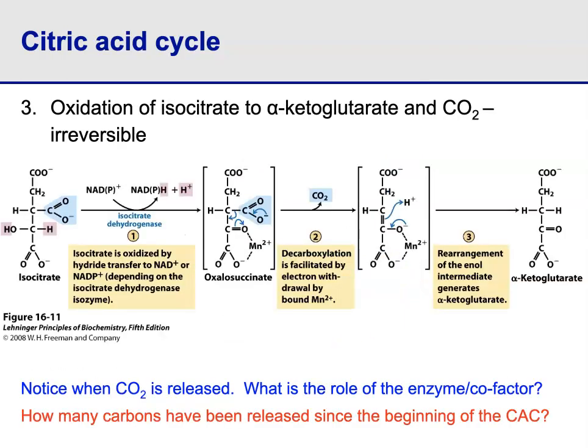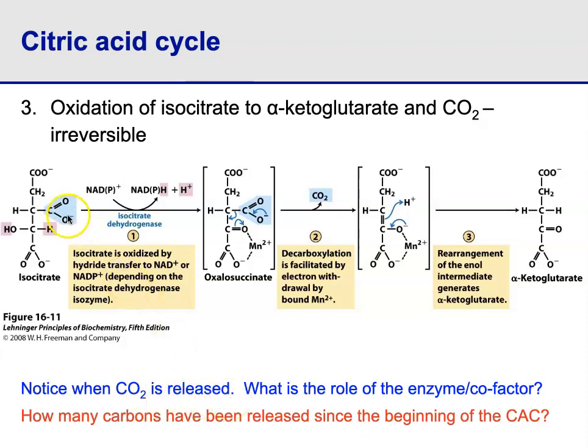Alright, the next reaction is the oxidation of isocitrate to alpha-ketoglutarate. We have carbon dioxide release and an electron pair, of course, and the reaction is irreversible. Here's what happens during this reaction. I wanted to point out, when is the carbon dioxide released?